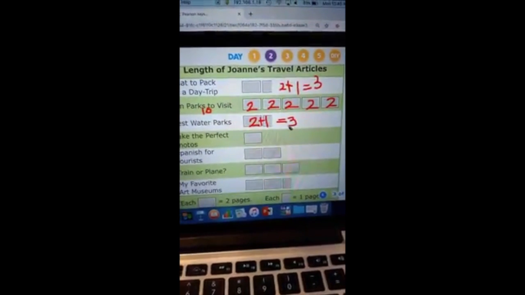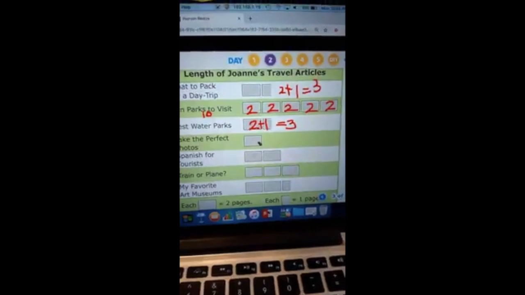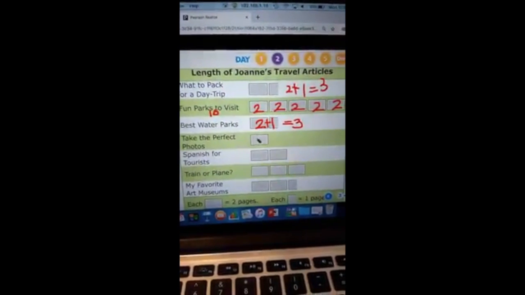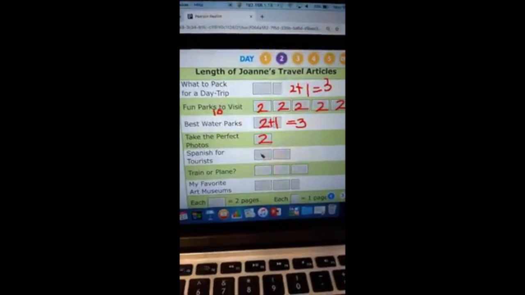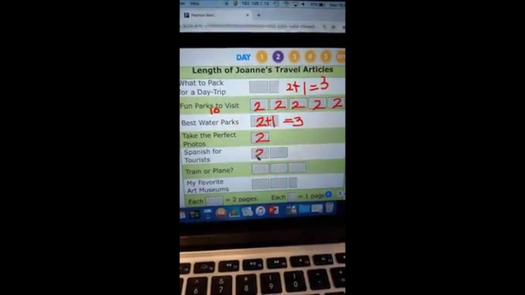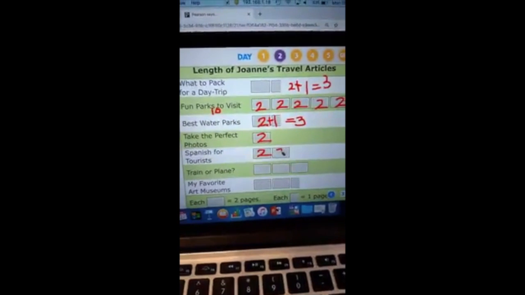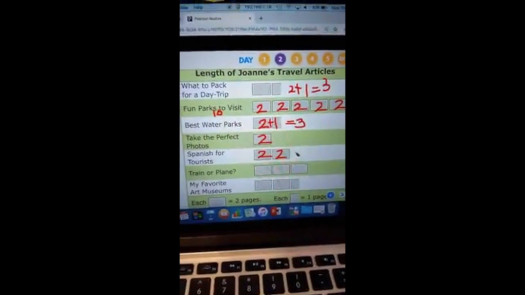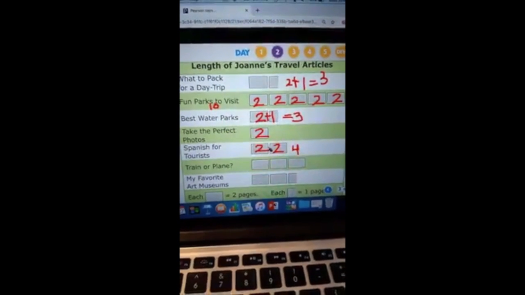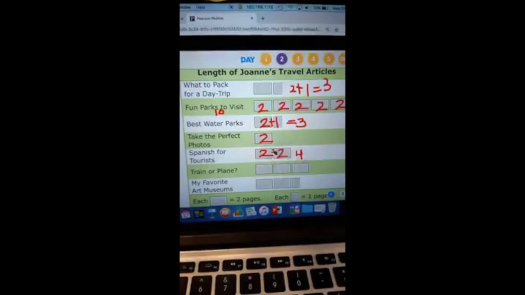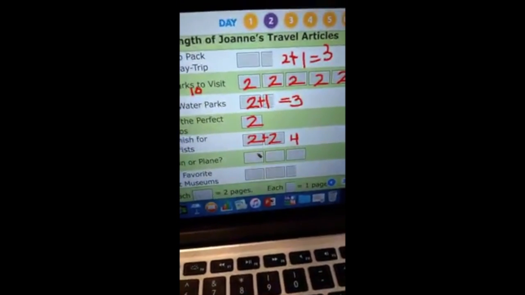Okay, it's 3. Over here, I know that this is 2 pages. Over here, I have 2 pages and 2 pages, and 2 plus 2 is going to give me 4. I'm trying to do this very quickly because I don't have a lot of memory on my phone.